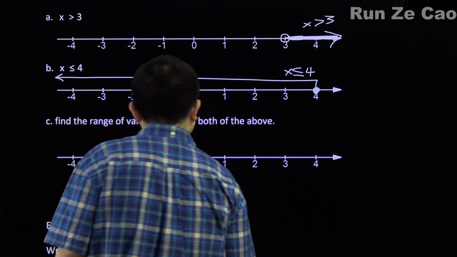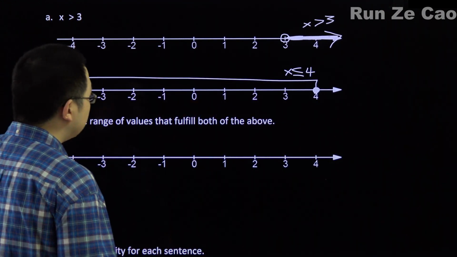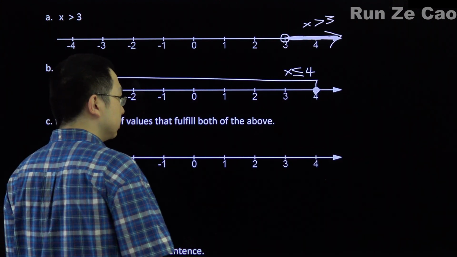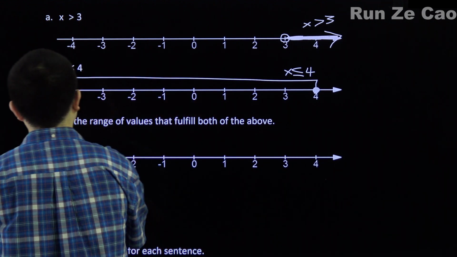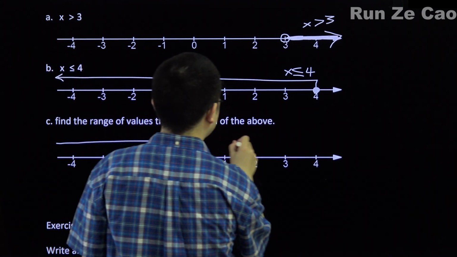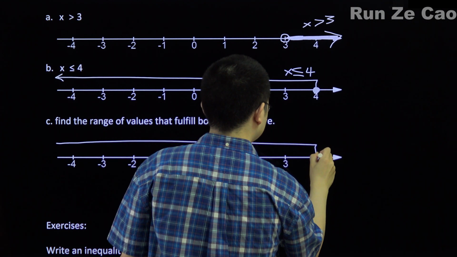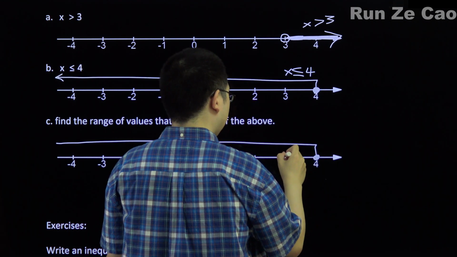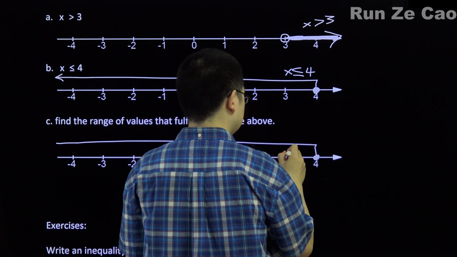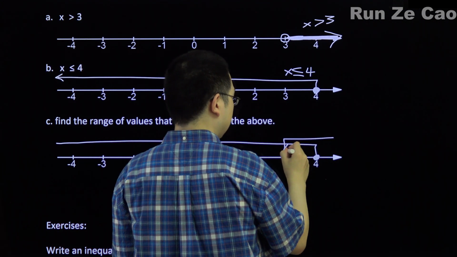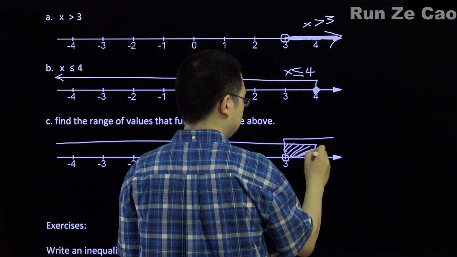So, find the range of values that fulfills both. Why do I prefer this above or below approach? It's because it enables you to show both easily. So the overlap is this part.